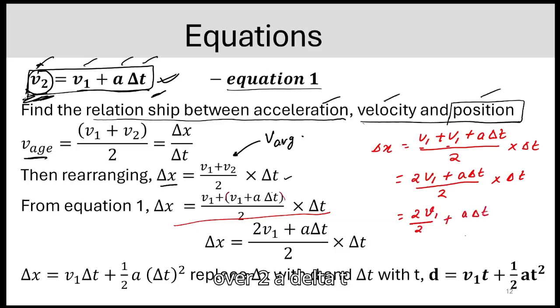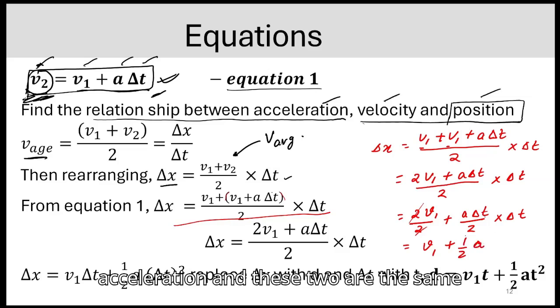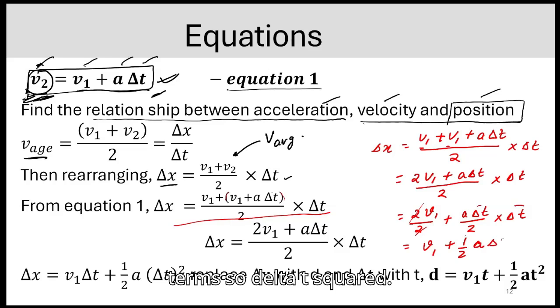Now this 2 cancels out, so we have v1 plus, and we have 2 in the denominator here, and acceleration, and these two are the same term, so delta t squared.